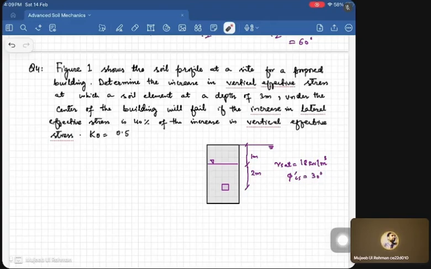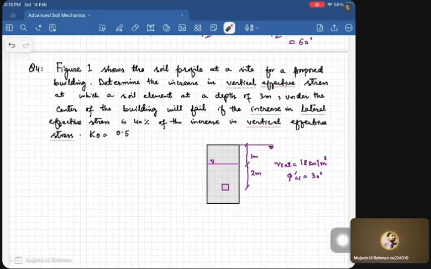Now corresponding to this increase in the vertical stress, there is an increase in the lateral stress also, that is given as 40% of the increase in the vertical effective stress. So based on these two statements, we have been asked to determine the increase in vertical stress, so that with a 40% increase in the lateral stresses, there is a failure.